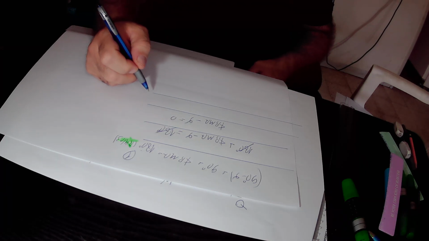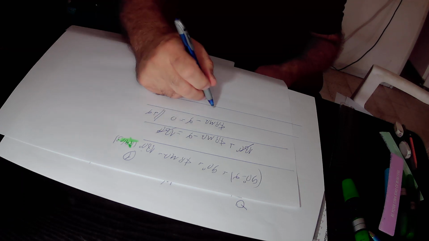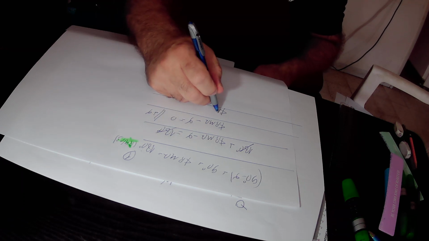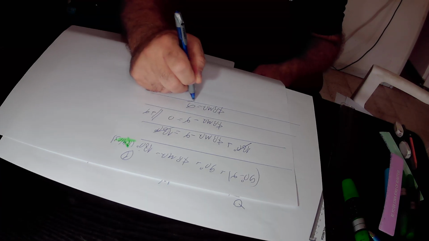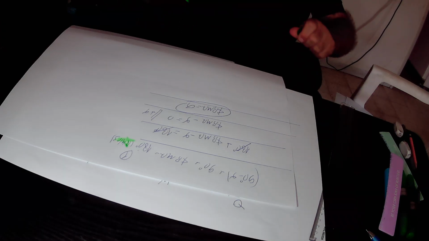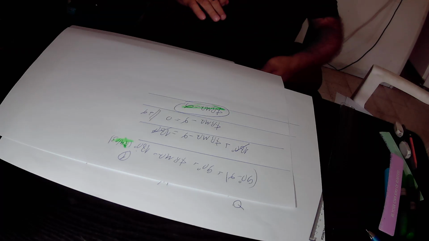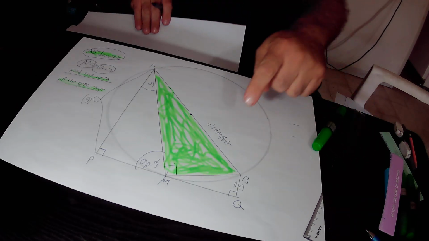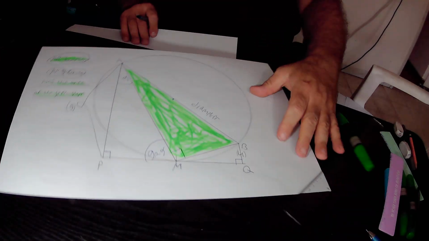Here we will add alpha to this equation, and we get that the missing angle BMQ is equal to alpha degrees in its size.